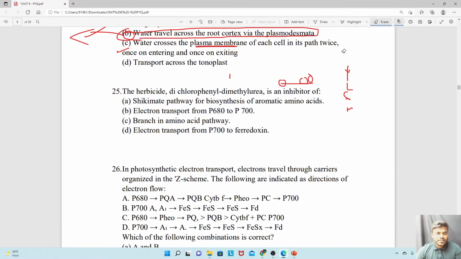Okay. Question number 25. We have discussed it in photosynthesis. Come on friends, please be active.